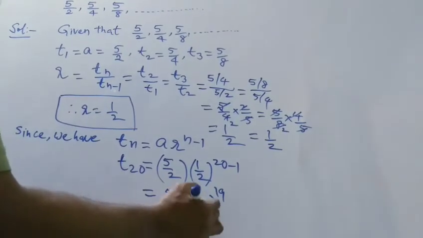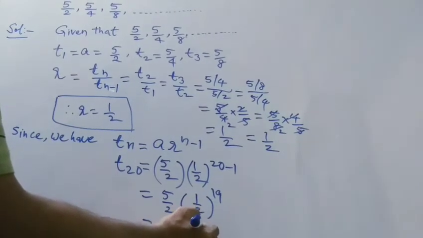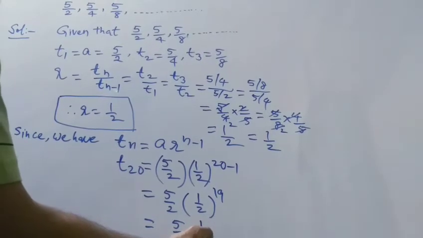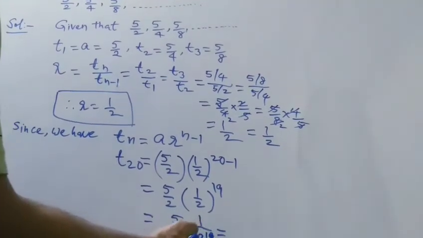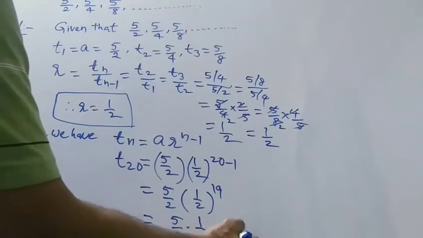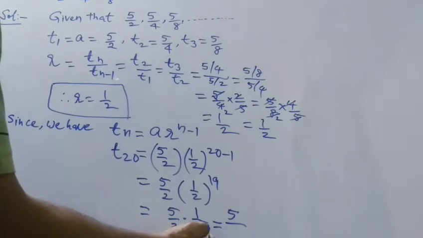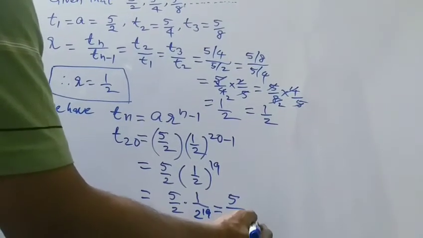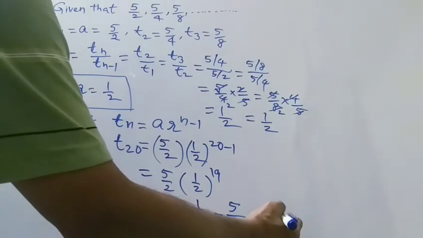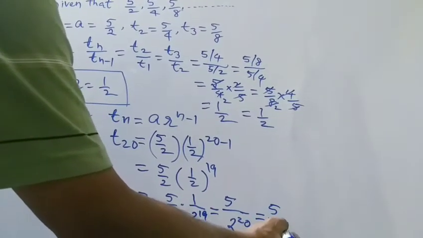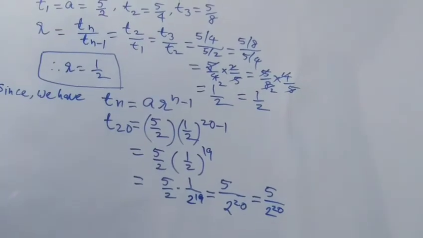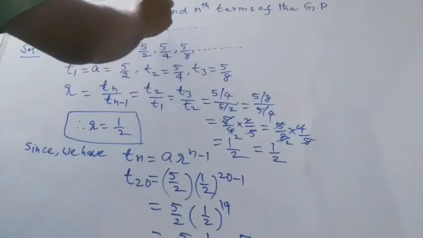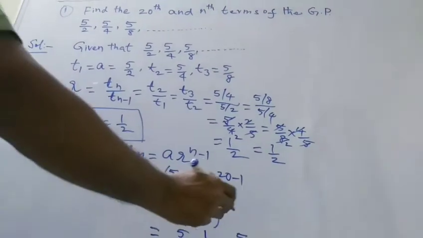That means 1 to the power of 19, which becomes 1 only, and 2 to the power of 19 in the denominator. This is equal to 5 by 2 into 2 to the power of 19, which becomes 2 to the power of 20. So this is equal to 5 by 2 to the power of 20. So the 20th term of the given geometric progression is 5 by 2 to the power of 20.